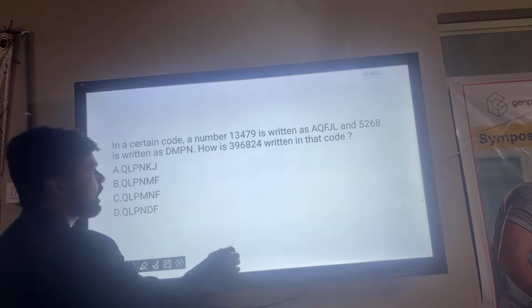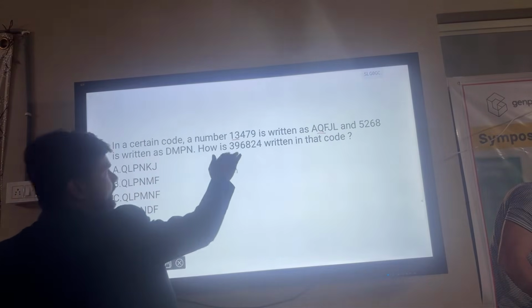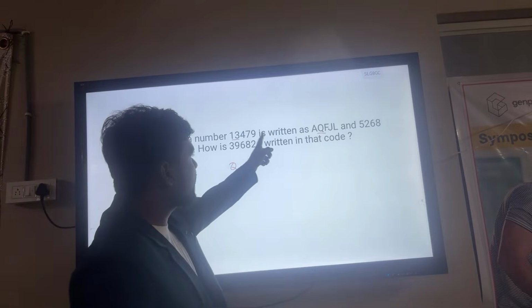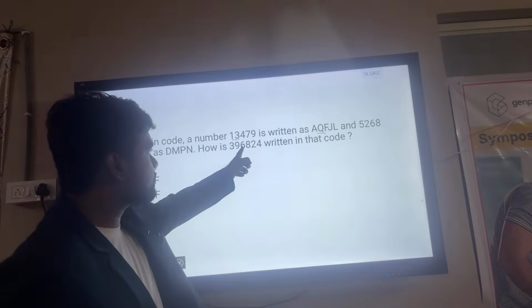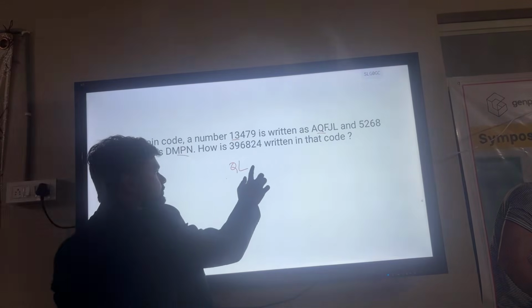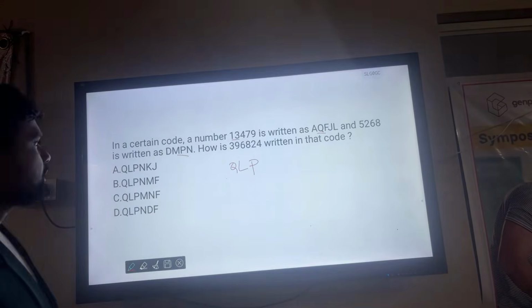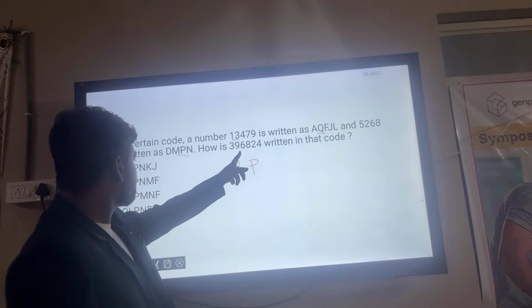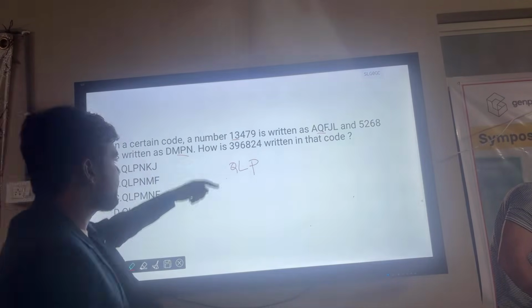396824. First, how they coded 3? Q. And next number is 9. How is 9 coded? L. And how is 6 coded? 6 is coded as P. Q, L, P. And next 8. How is 8 coded?